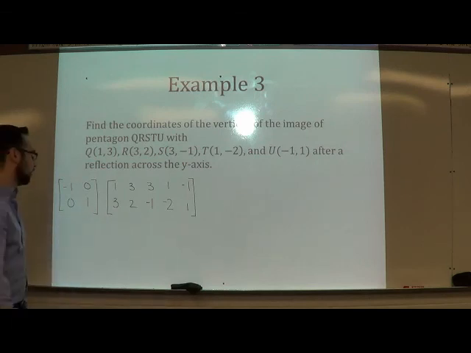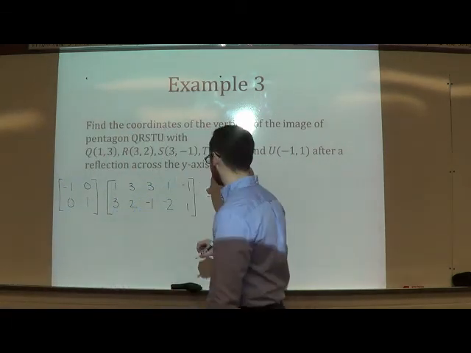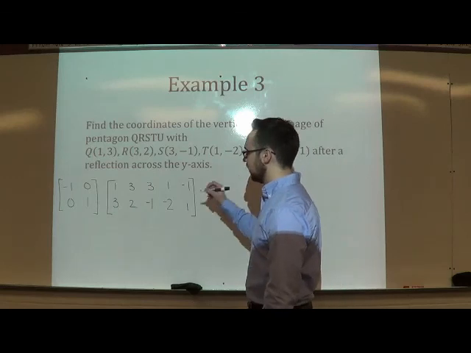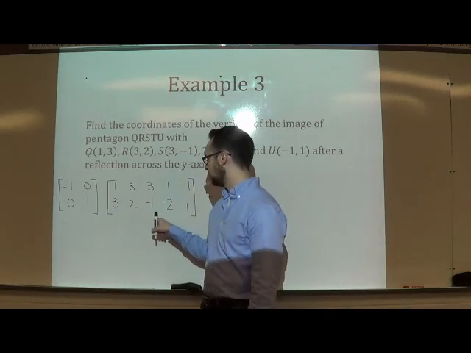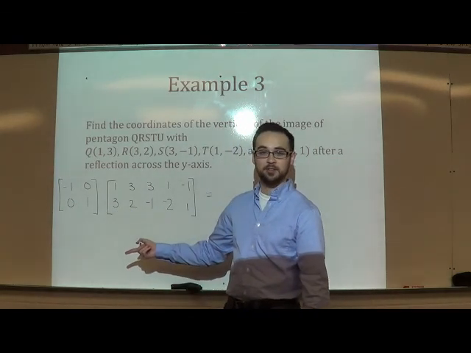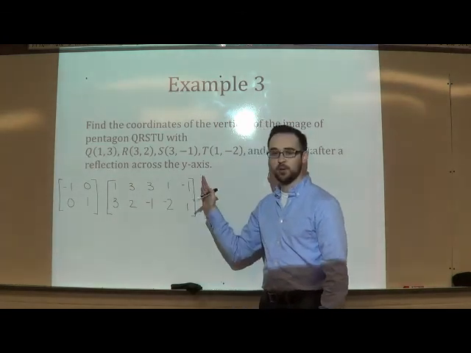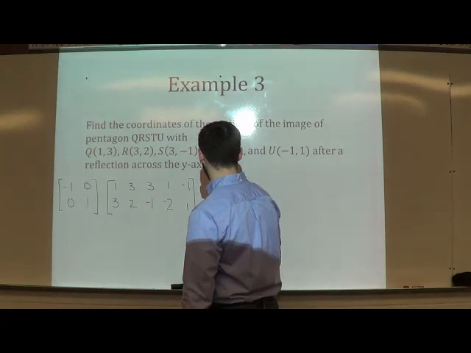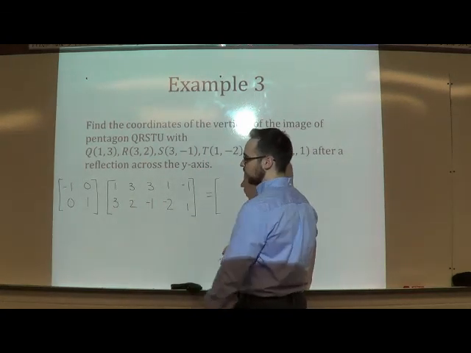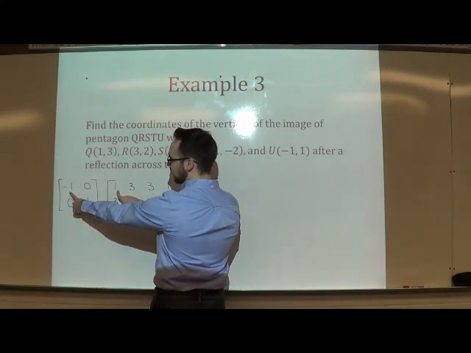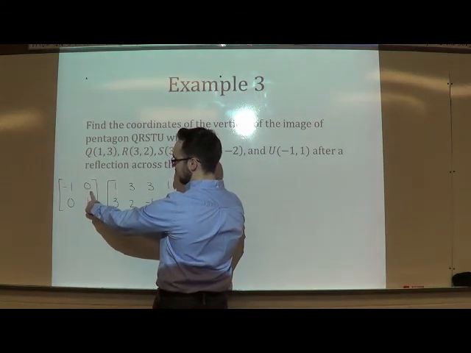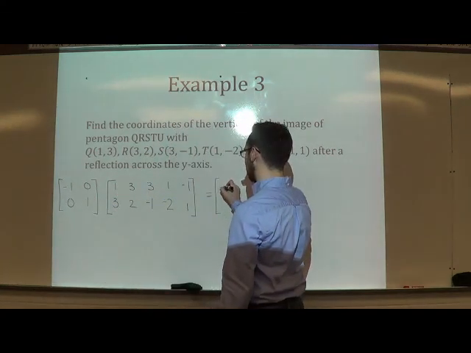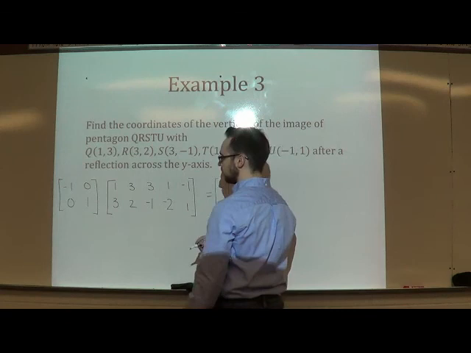Let's go ahead and multiply those. Again, a 2 by 2 times a 2 by 5 should still give us a 2 by 5, because we're not eliminating any of these points, so all of our points have just been changed. Negative 1 times 1 is negative 1, plus 3 times 0 is 0, so we just get negative 1.